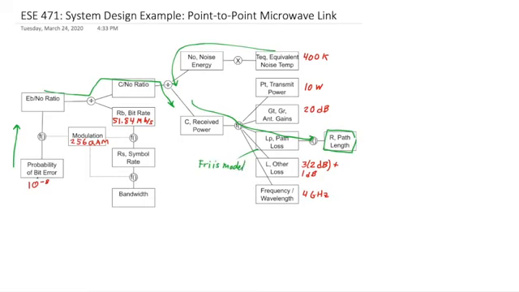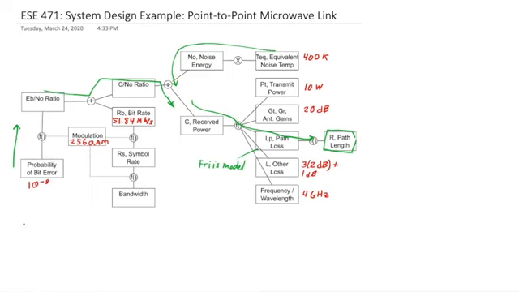So as I said, I started over here with the probability of error. We have the modulation and the probability of bit error, and so we can use the formula for the probability of bit error in QAM to figure out what our Eb over N naught needs to be.